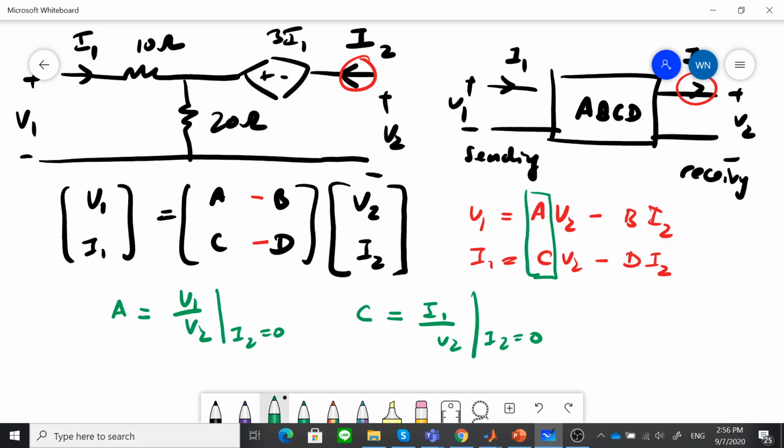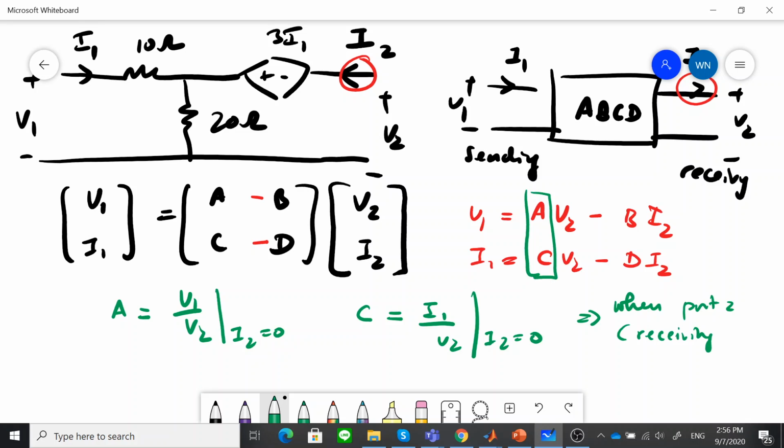When I2 is 0, it means the current at the receiving end, port 2, is 0, so it is an open circuit. So the parameters A and C can be computed when port 2, or I would say the receiving end, is open.